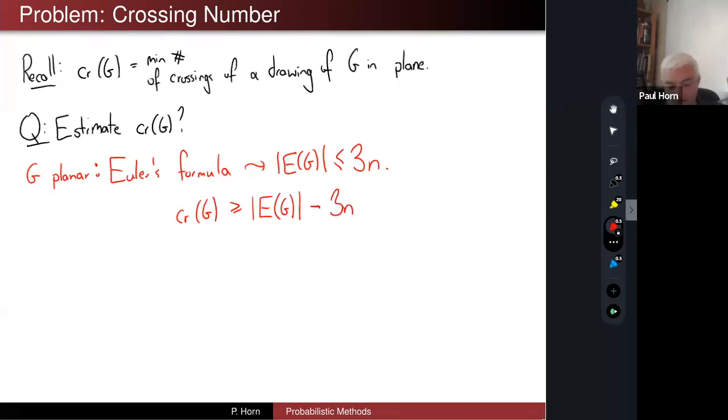Again, I could subtract 3n minus 6, but this is good enough for what I want to do. Why is this true? Well, I start with a maximum planar subgraph of G that has at most 3n edges. And now every single other edge that I add to this creates at least one crossing. So hopefully this makes sense.